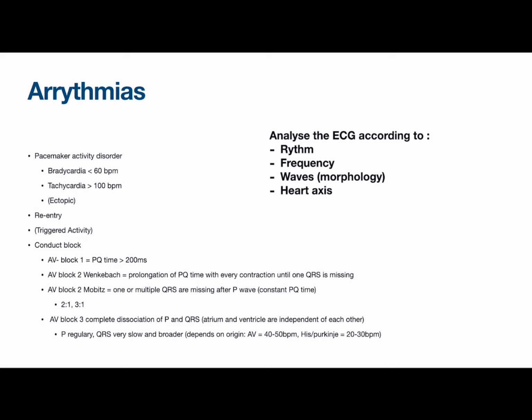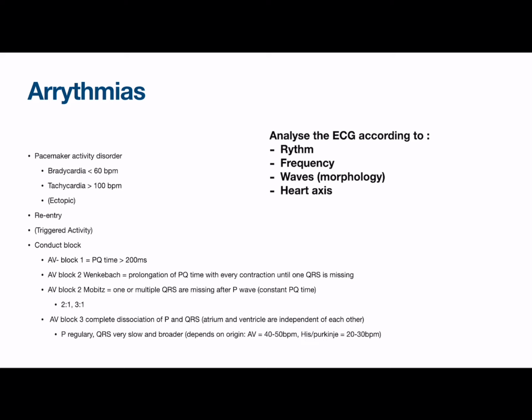Then we can look at the frequency. If it's between 60 and 100 beats per minute, we have the normal sinus rhythm, if there's a P wave and the QRS is small, and the time between P and QRS is below 200 milliseconds.